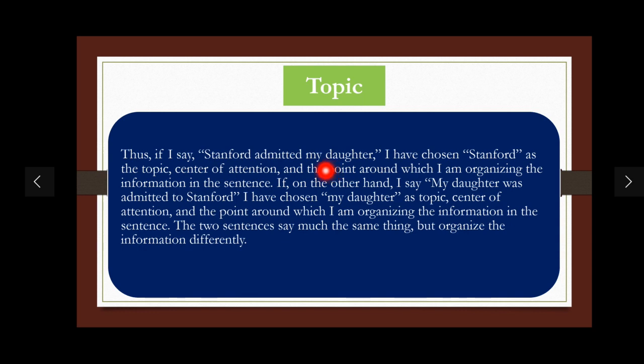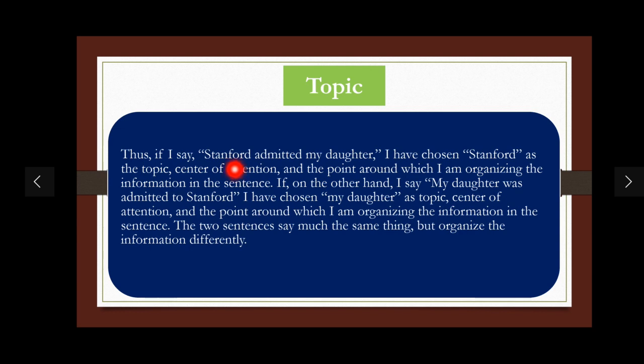So it is very important to understand which thing is given importance, because the topic is the thing we are talking about, and in the predicate, information is given about the topic. So in this sentence, the information is given about Stanford, and in "my daughter was admitted to Stanford," the information is given about my daughter. Here the focus of attention is my daughter, and here the focus of attention is Stanford.